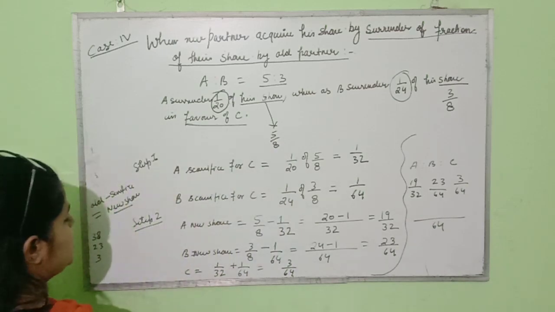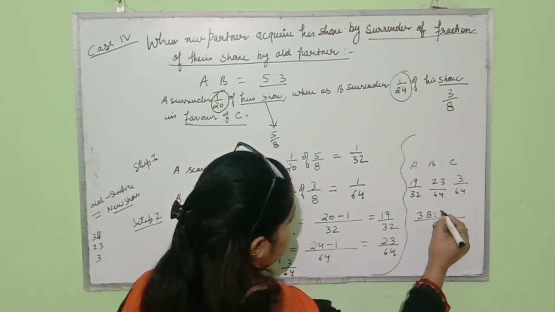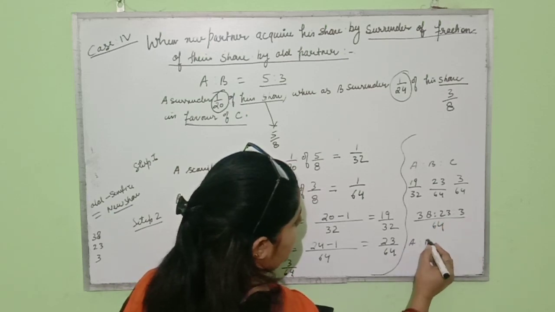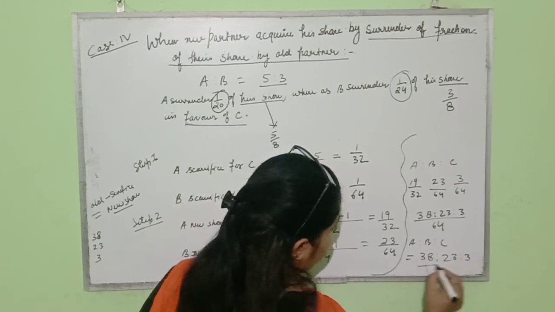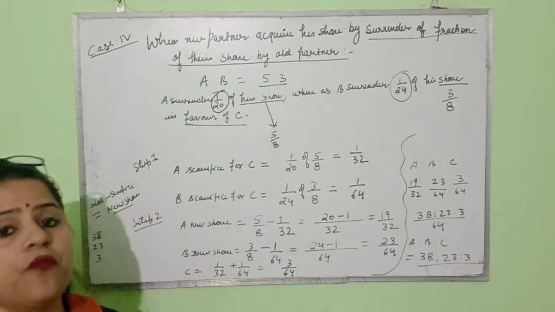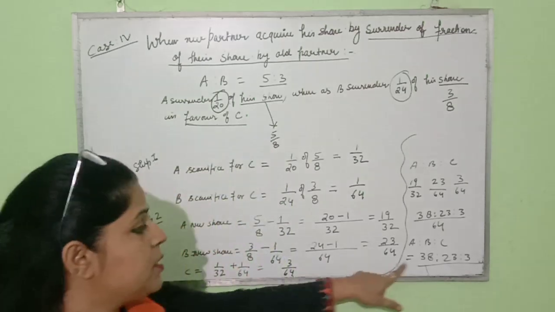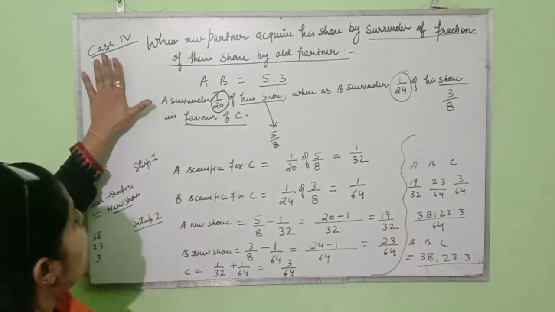Now 32 and 64, it will come 38. This is 23 and this is 3. So the new ratio between A is to B is to C is 38:23:3. ये शॉर्ट नहीं हो सकता, इसलिए the new profit sharing ratio between A is to B is to C, that is 38:23:3. So this is case number 1.